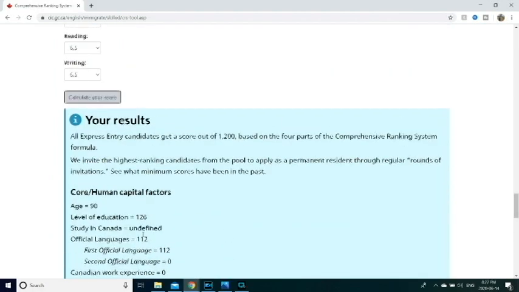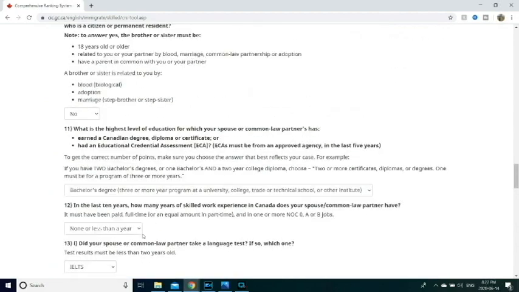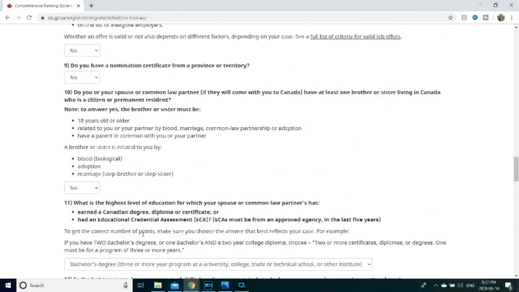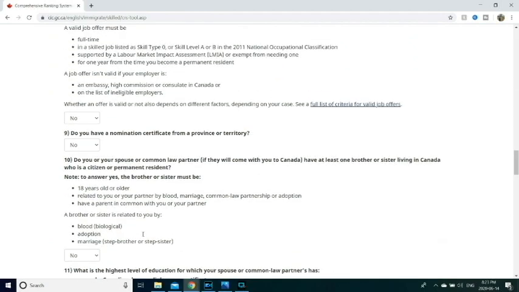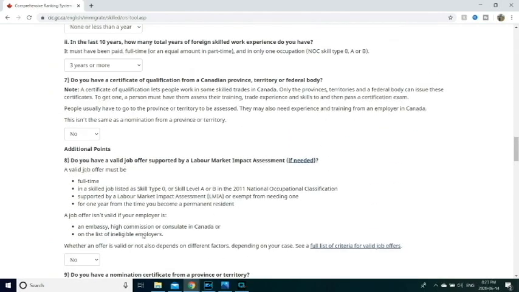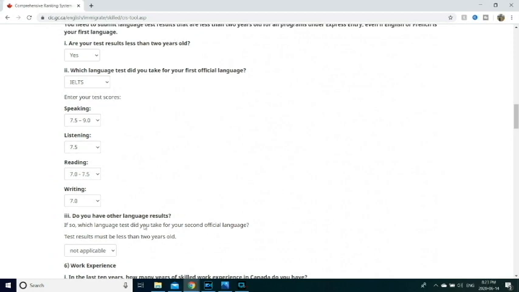So let's play around with the numbers again, because we cannot change our age. I wish I could, but we cannot change our age. We cannot change our work experience without spending more time. But one thing we can change is our English language.